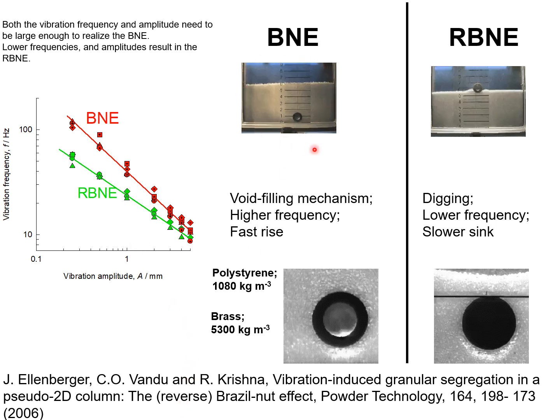On the left-hand side, we take a column full of polystyrene particles colored white, and we have a large brass intruder that is heavy and has a density of 5,300 kilograms per cubic meter. The polystyrene particles are 1,080 kilograms per cubic meter. And I'm going to vibrate this column at a high frequency.